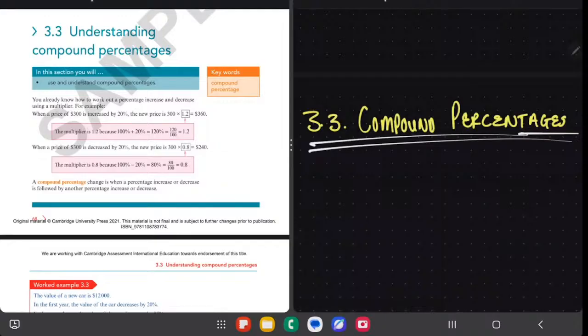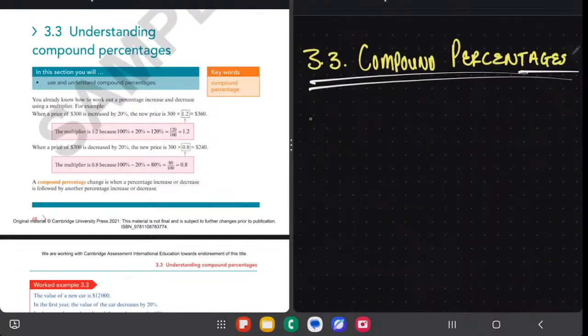For checkpoint, what you need to know for percentages, I'll be fast, is that you're going to be increasing or decreasing by a percentage. When you're increasing or decreasing by a percentage, just remember this. You always start at 100%.